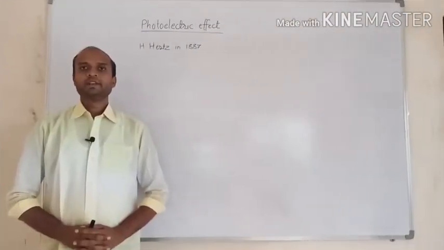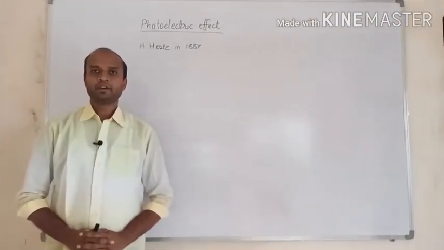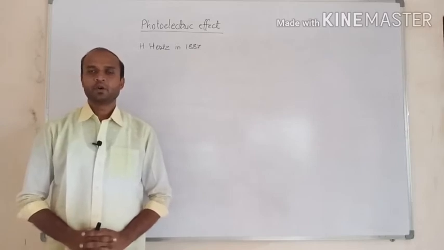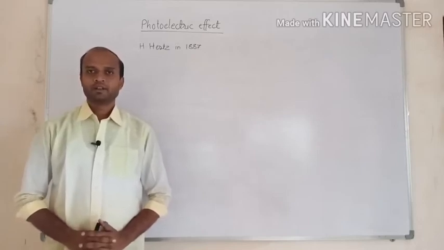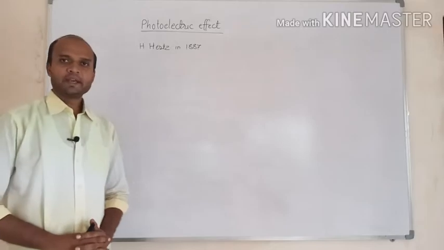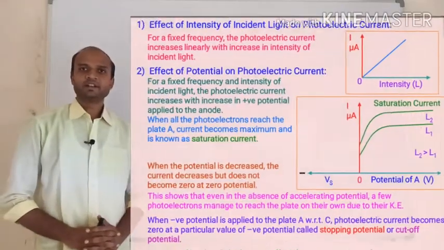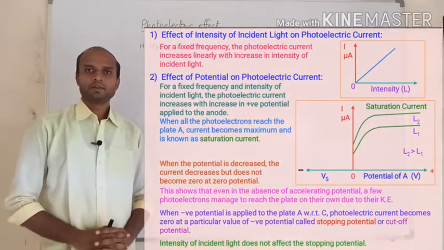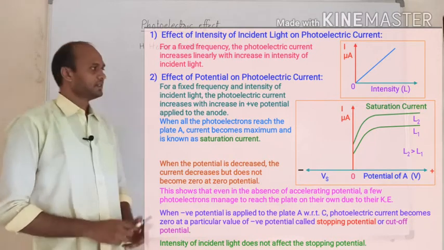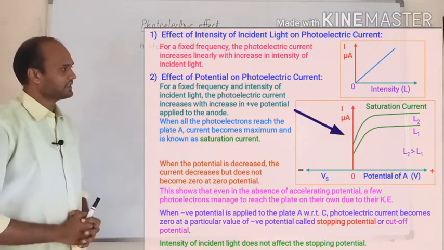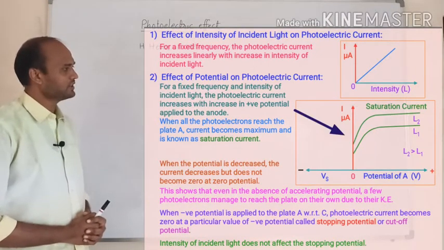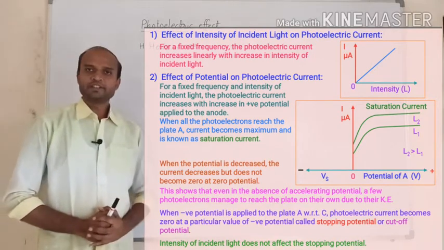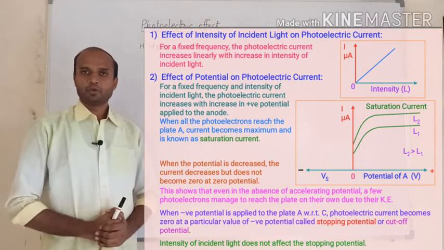So to study the effect of intensity on a photocurrent, we can use this graph, the second graph you can see here, which actually shows the effect of potential difference on a photocurrent.